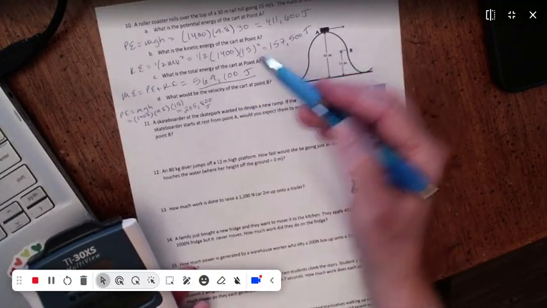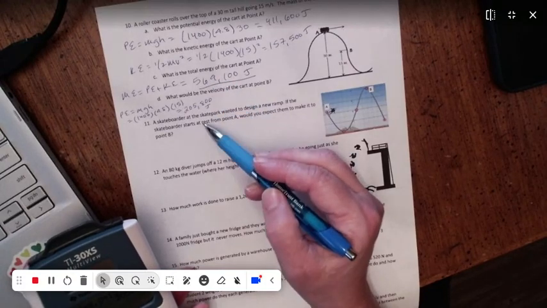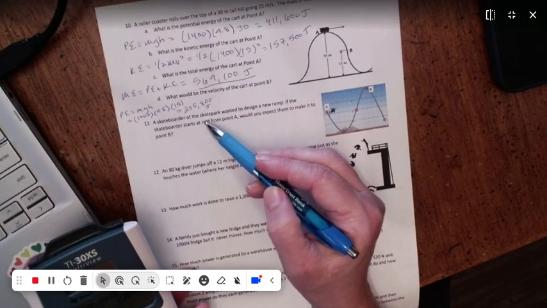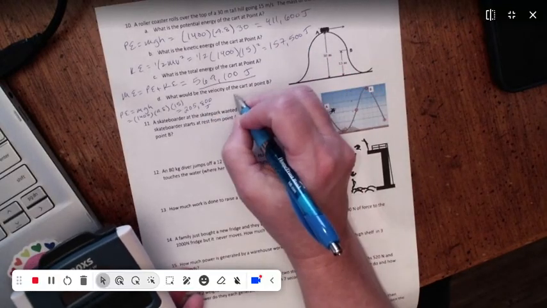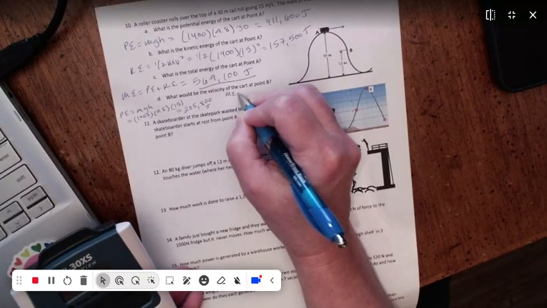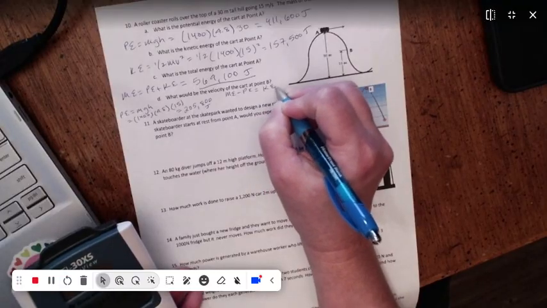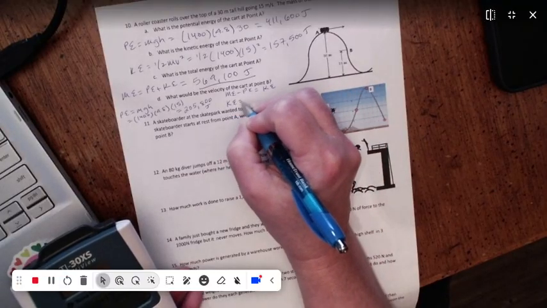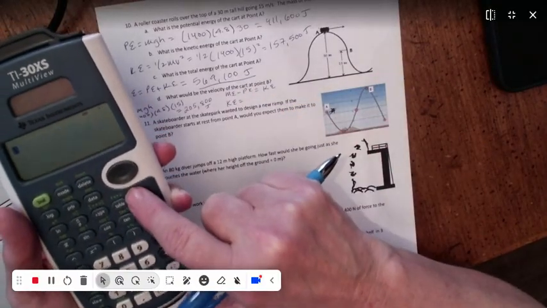So I know my total energy, and I know my potential energy at this point, so I can get my kinetic energy by taking ME minus PE equals KE. My total energy is 569,100.